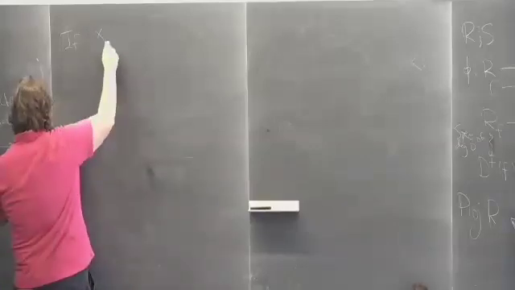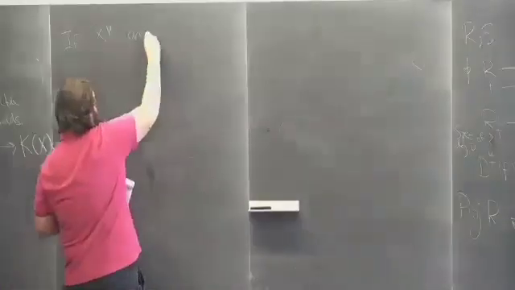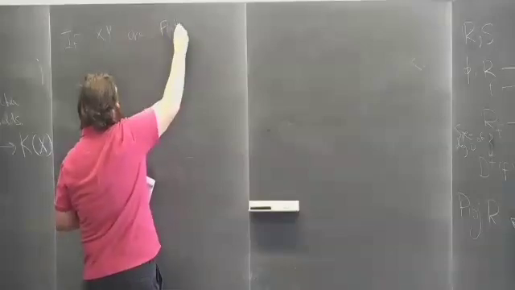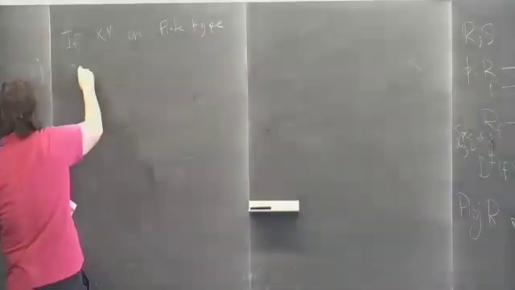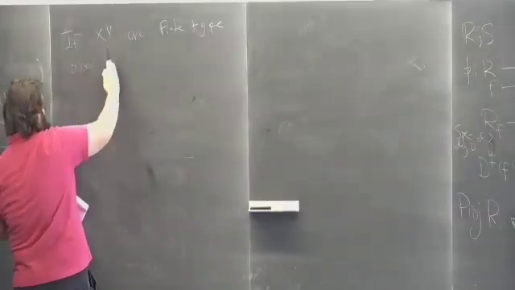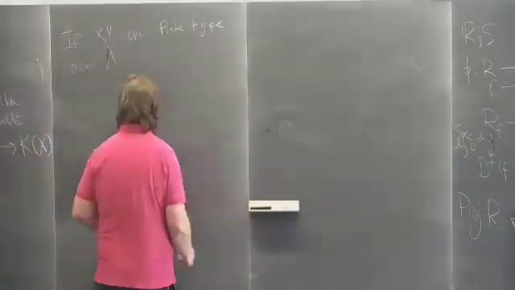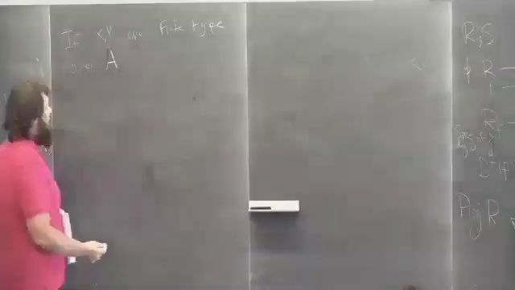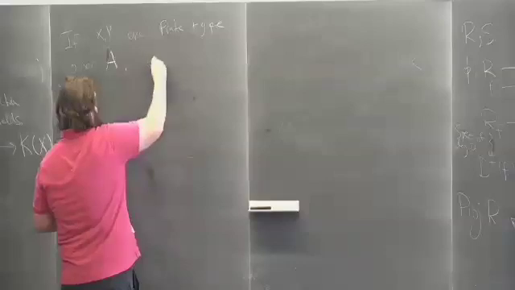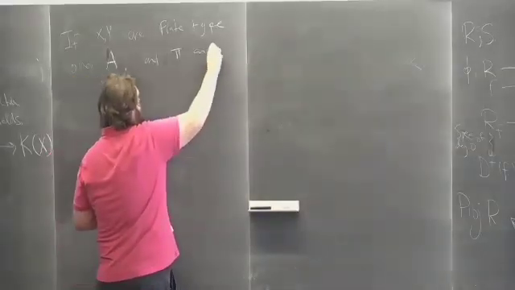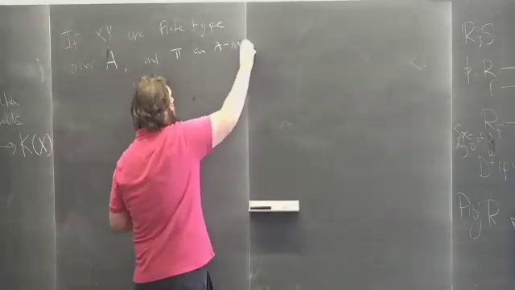So if X and Y are finite type over a ring, maybe I won't use K, I have too many Ks running around, over A. So I have some base ring A, and X and Y are finite type over A. So locally, they're Spec of finitely generated A-algebras. And phi a morphism.